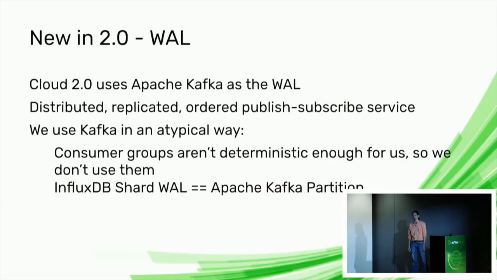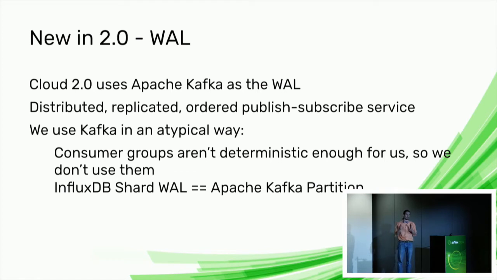So what changes in 2.0? The write-ahead log in Cloud 2.0 is now in Kafka. Apache Kafka, in case you don't know, is like a publish-subscribe type of tool. It scales very well. We don't use it like most people use it. We don't use consumer groups.